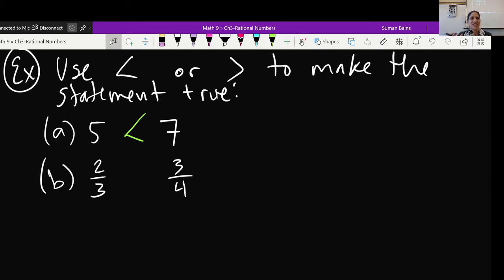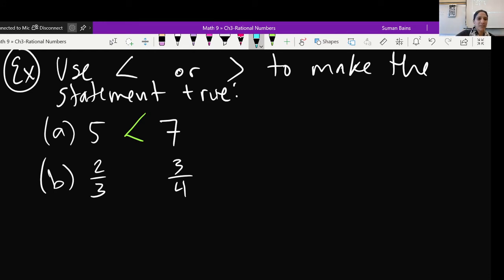What's a good strategy to be able to compare these two? Yeah. Find a common denominator. Everybody good with that? So in this case, if I have a 3 and a 4 at the bottom, what's a smart number for me to pick for my common denominator? How about someone who hasn't answered yet? Yeah, 12. Everybody good with that?